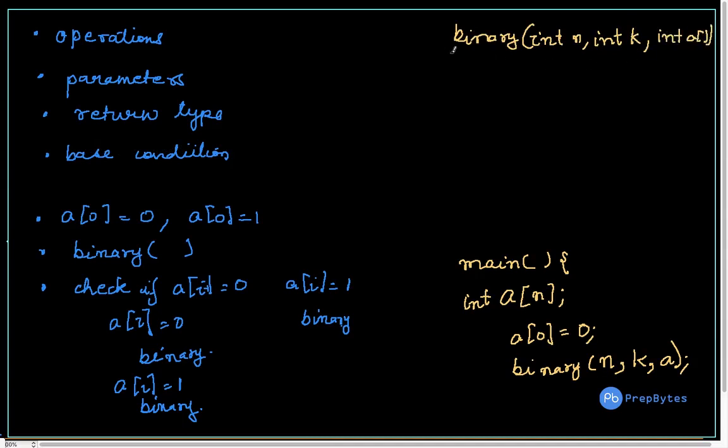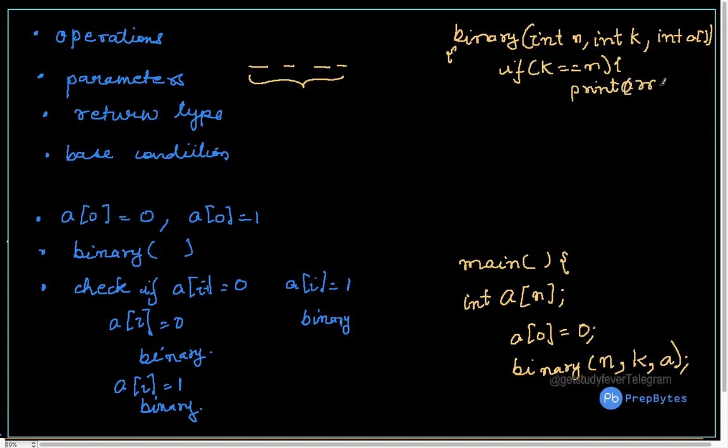Now what is going to be the base condition? We have seen while making the tree that we are trying to fill these positions, and the moment we fill all the positions, we know we have to print. So the moment we get k is equal to n, we simply print the array, and I'll return.